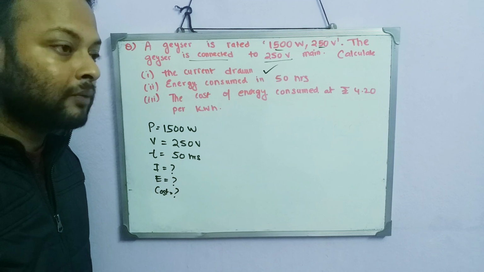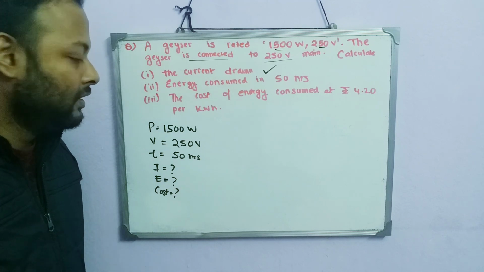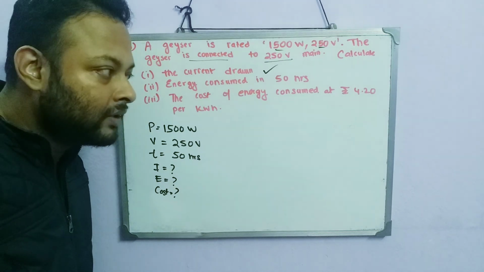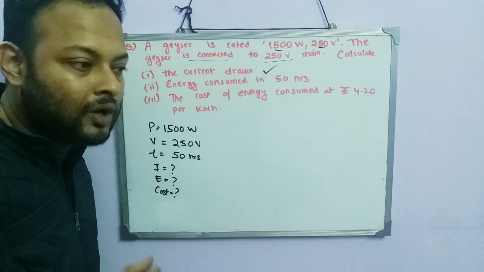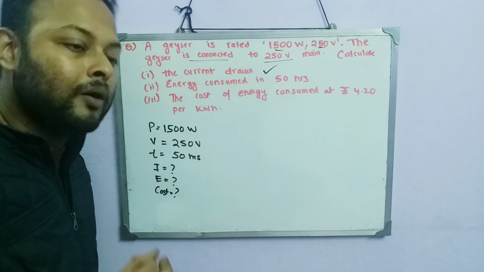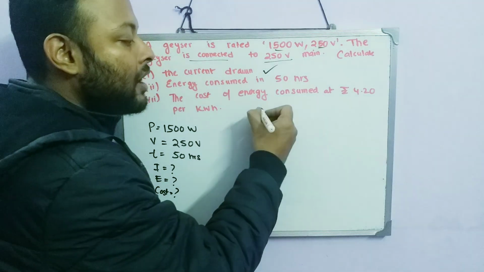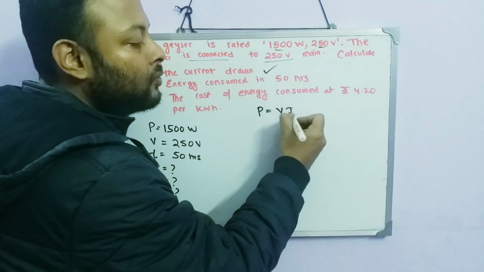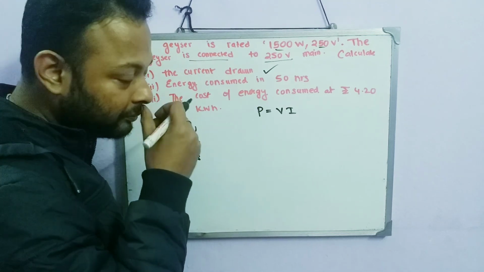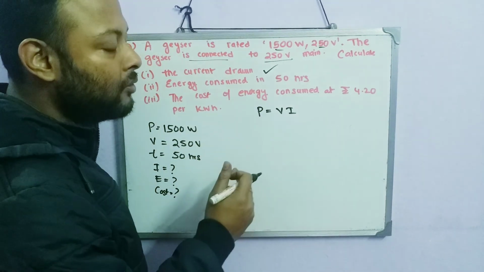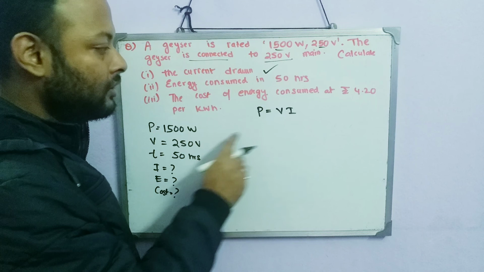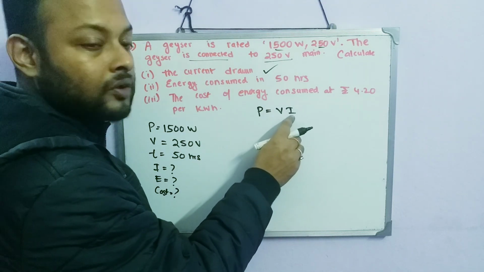So how am I supposed to find the value of current? See, again I told you, in physics everything is formulas. You have to remember the formula of power. Power is work done by time. After that I have also derived that power is equal to V into I. You have to remember this formula. So I'll use this formula because power is given, voltage is given and I'm supposed to find the value of current.